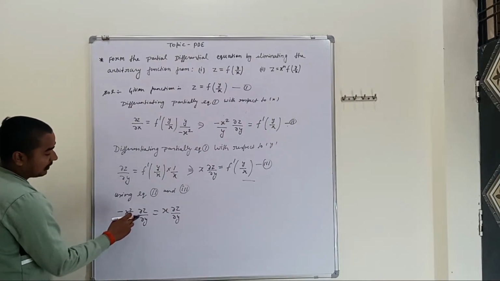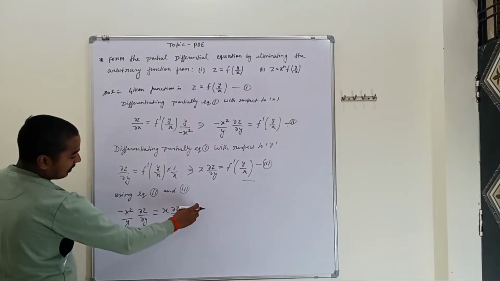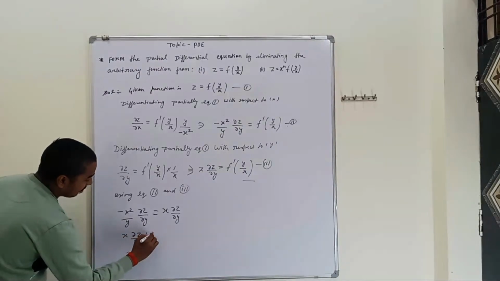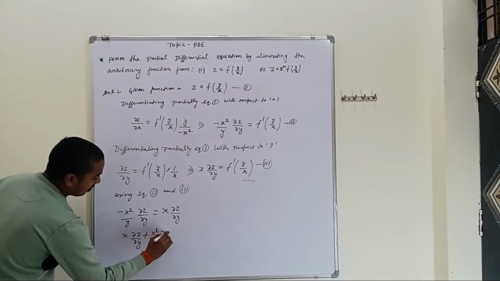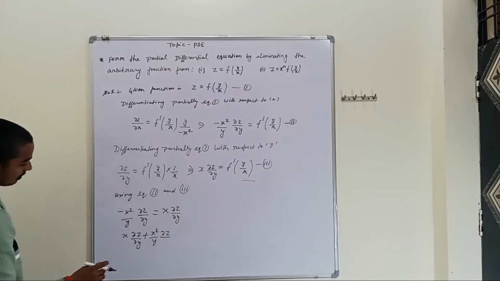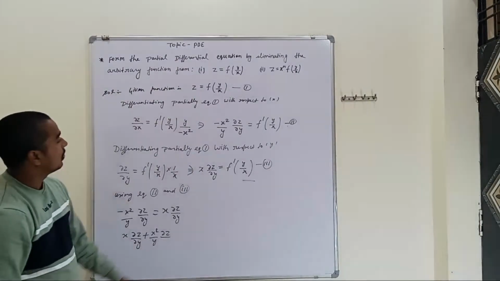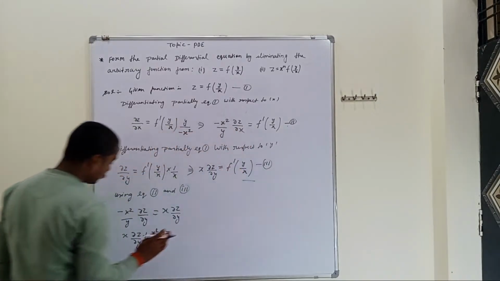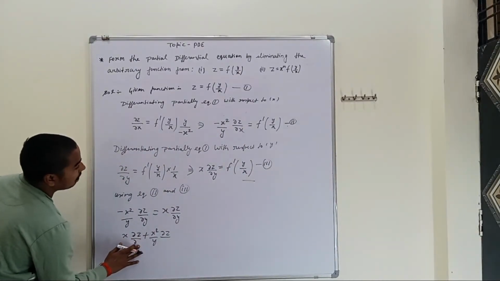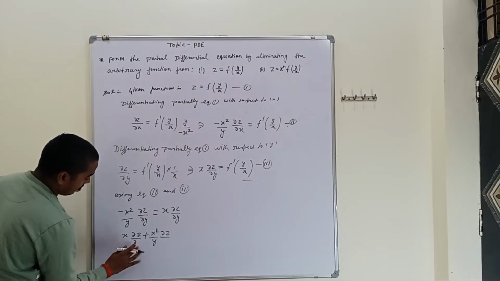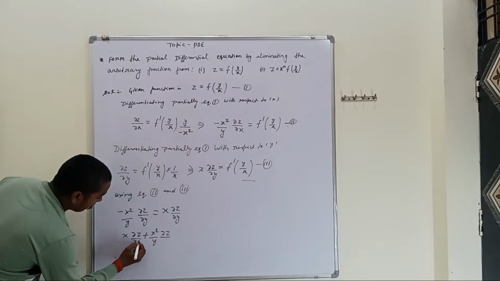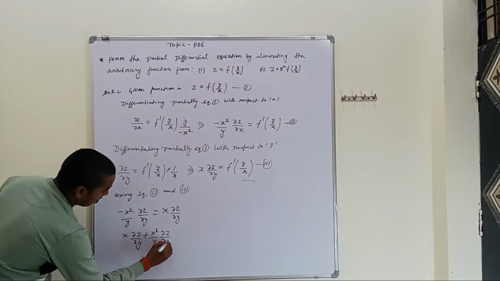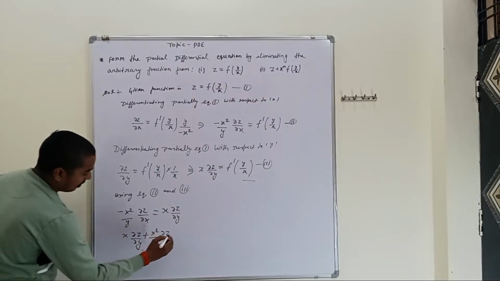Taking it to the right hand side, that is x del z upon del y plus x square del z upon del x is equal to 0. Here, one second, this was a mistake in the notation: it is del z upon del y and del z upon del x.